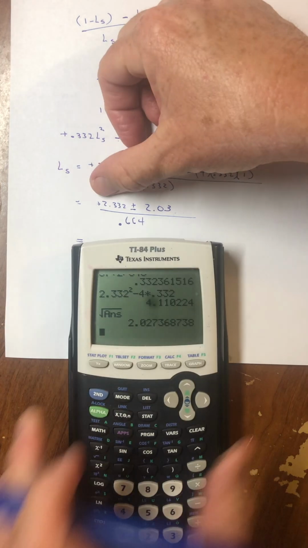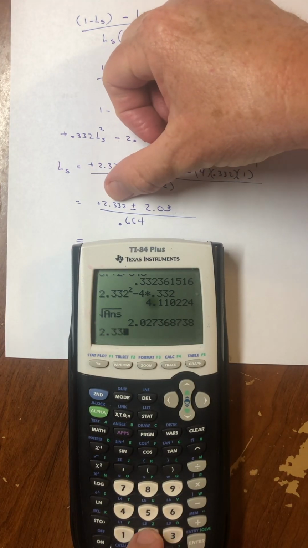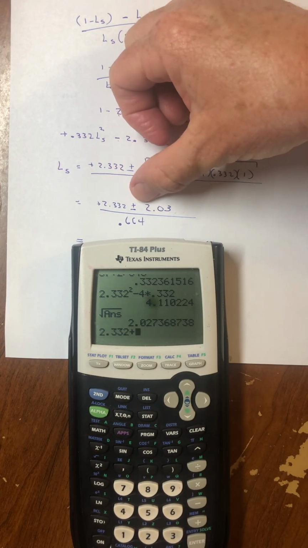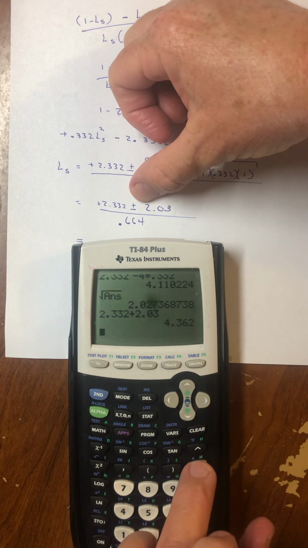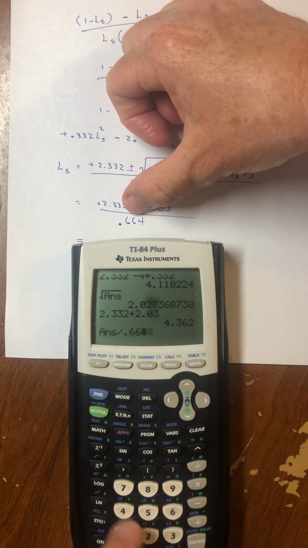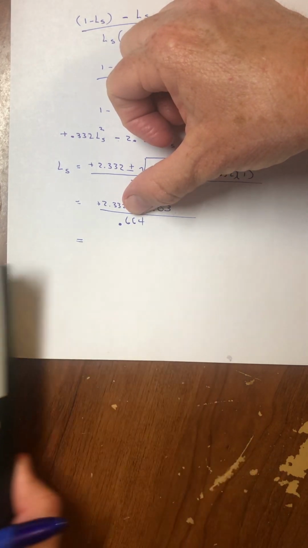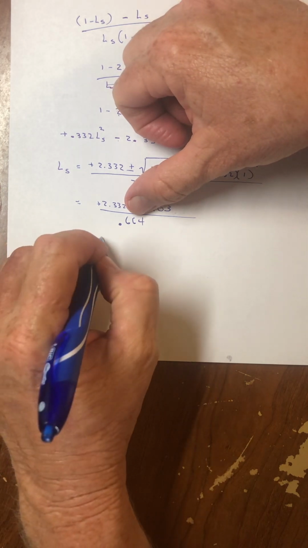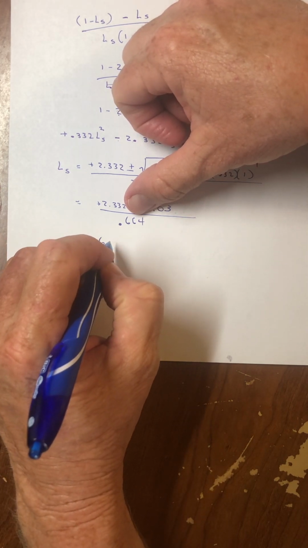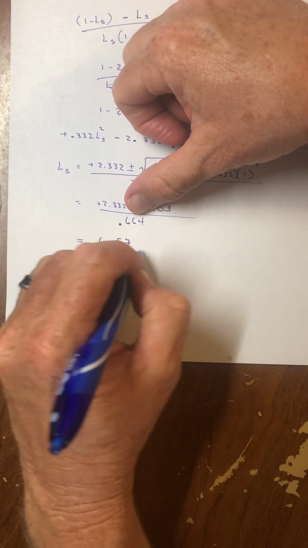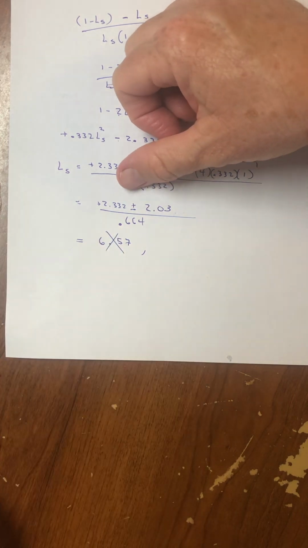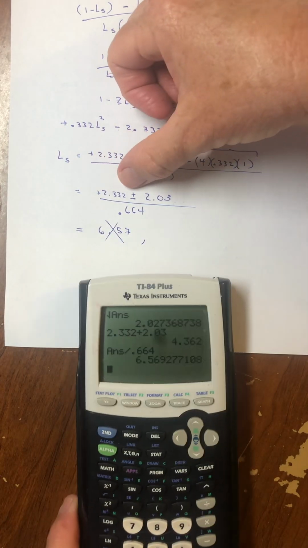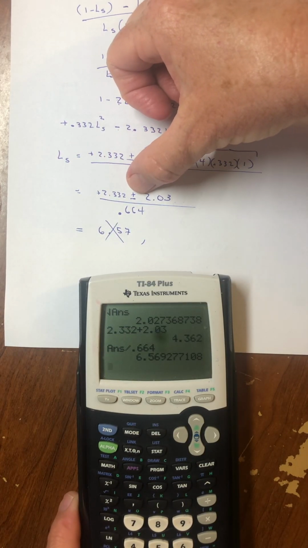But I'll just work out both. 2.332, and I'll do the plus sign first, and divide it by 0.664. So there's the extraneous root, 1. We can ignore that one. So cross it out. And here's the significant one, the minus sign.